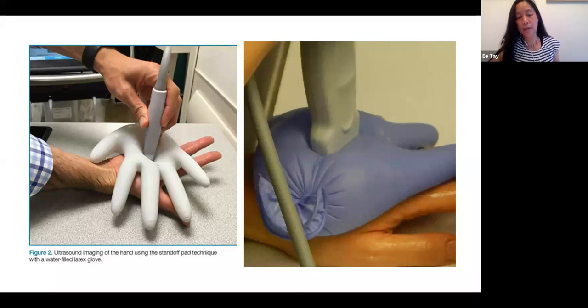Basically, take a glove, fill it with water, and try to get as much air out as possible. I've learned this the very hard way: don't put too much water in there, because if it's too much, you can't get to where you need to go because your balloon is so big. The image on the left side is probably a little bit better in terms of the amount of water. Try to get as much air out as you can, or else you're going to be ultrasounding air, and that will get in the way of your object.